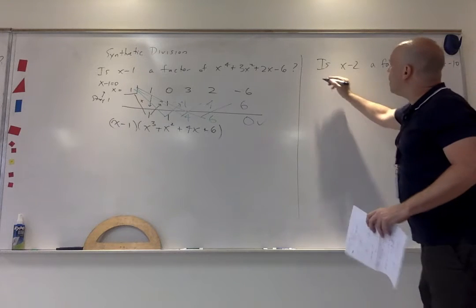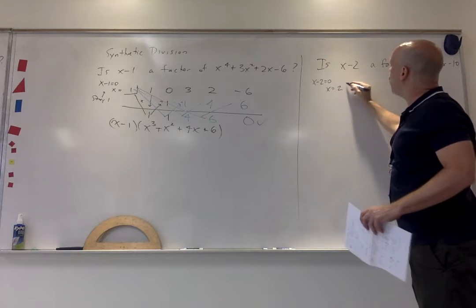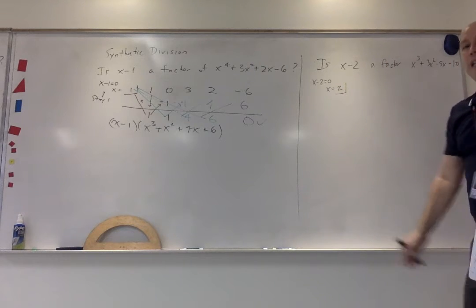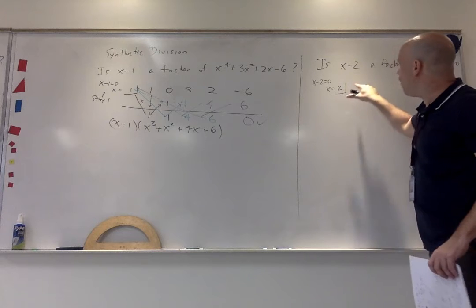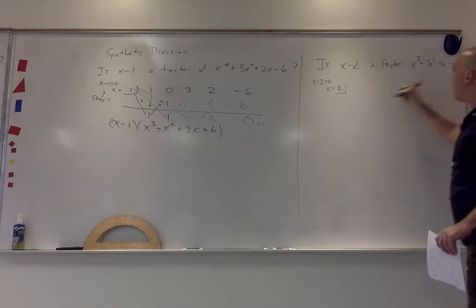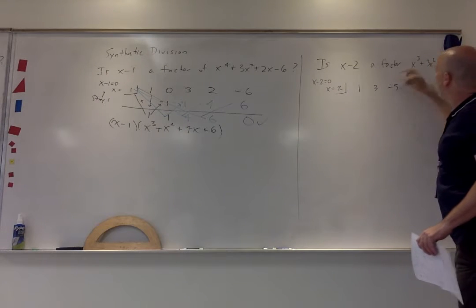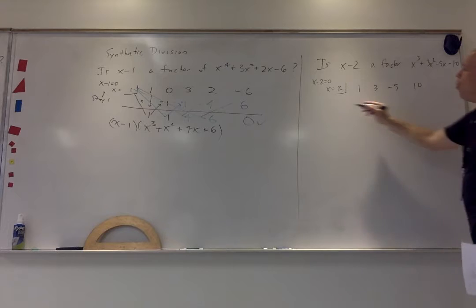Step 1, set x minus 2 equal to 0, x equals 2, put it in the perch. Step 2, write the coefficients out: 1, 3, negative 5, negative 10. Draw the line.